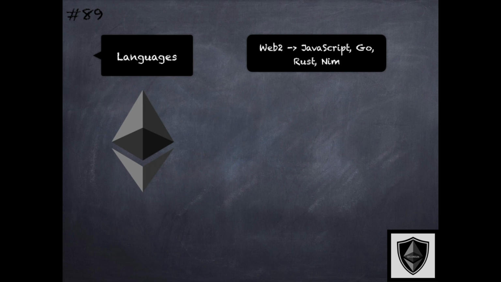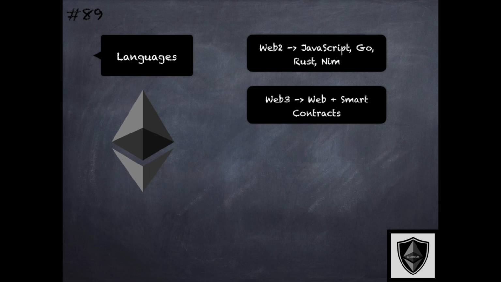Started with C, C++, during the Unix days, 30, 40 years ago. And since then, we have seen different declarative languages, object-oriented languages, scripting languages. Some of the most popular ones have been JavaScript, and more recently Go, Rust, and even some unique languages such as Nim that have been used to implement Ethereum 2 clients recently.